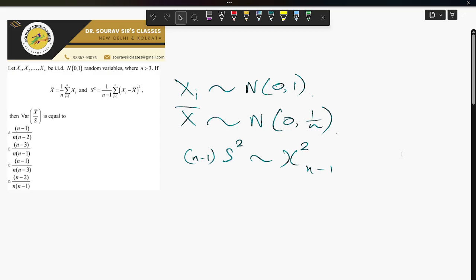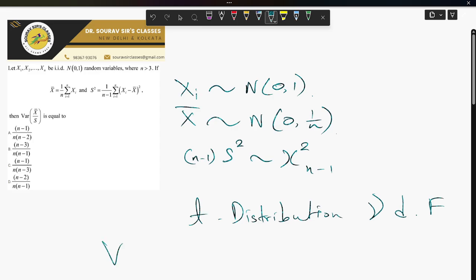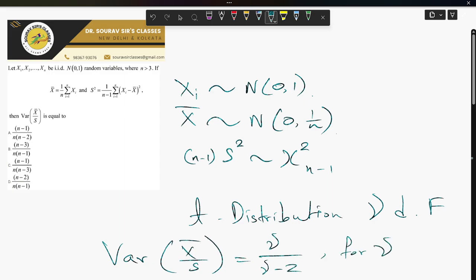So for a t distribution with nu degrees of freedom, the variance will be nu by nu minus 2, for nu greater than 2.